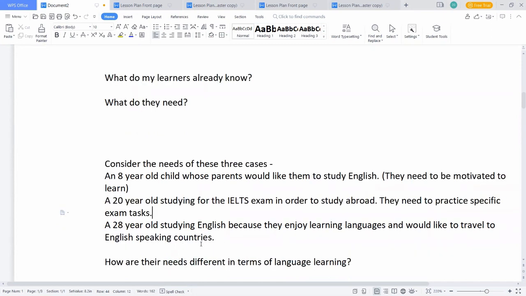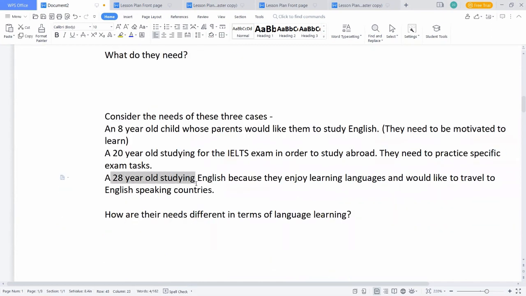Now we have this 28-year-old, because they want to travel and they like learning languages. So what are their needs? I don't know. Their needs could be developing the ability to explain themselves logically or rationally, or learn travel vocabulary.